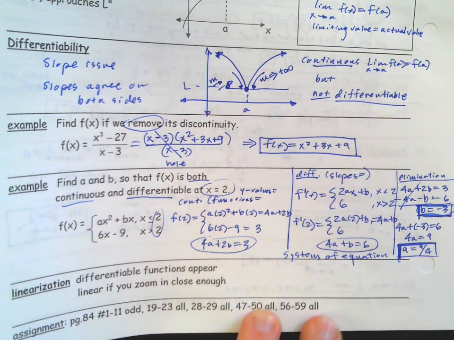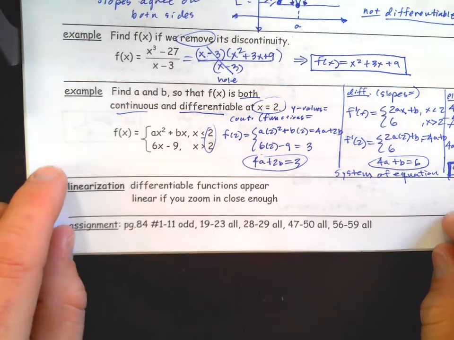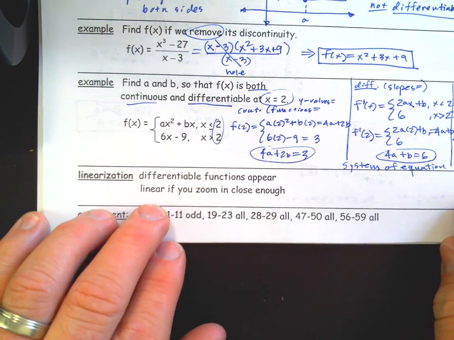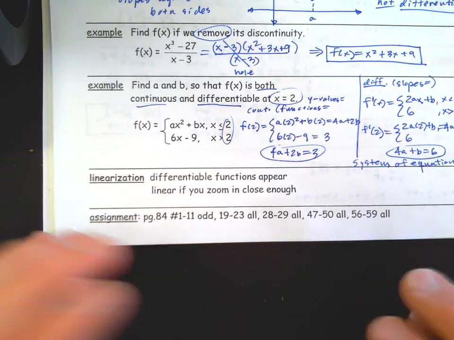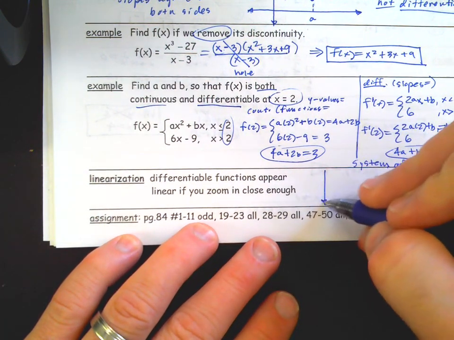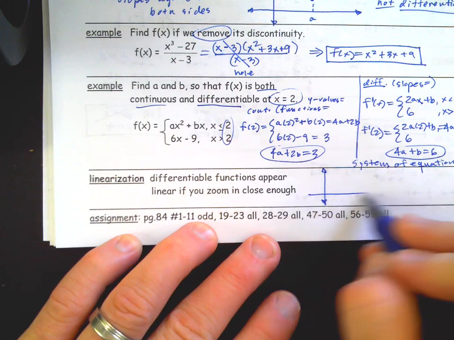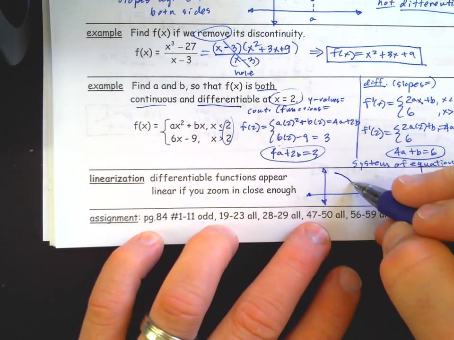So linearization is when a differentiable function appears to look like a line if you zoom in enough. If it's not differentiable, then it's not going to look like a line. Any curve, if you zoom in enough on your calculator, is going to look like a straight line, unless there's some discontinuity there.